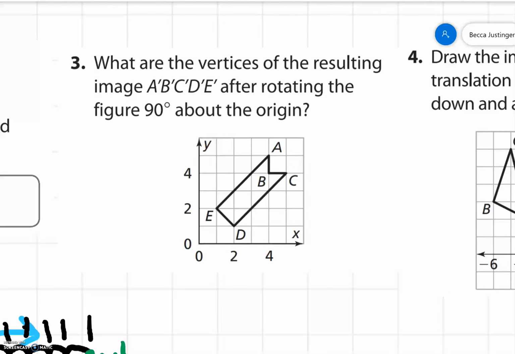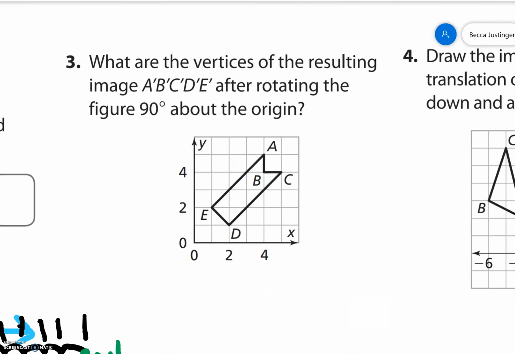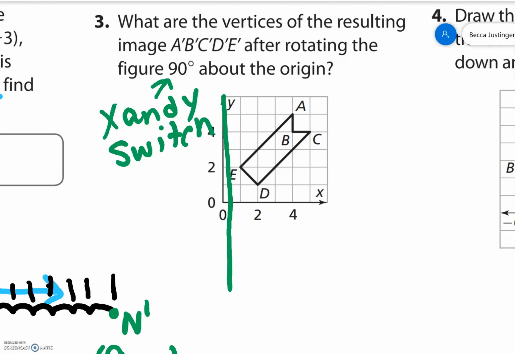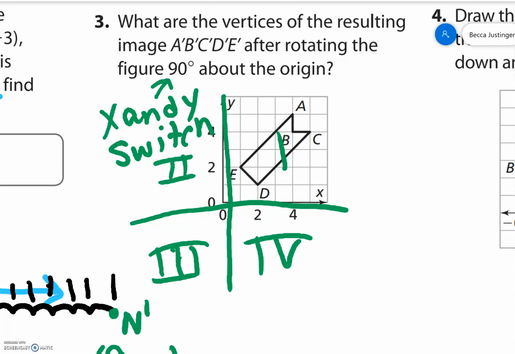Number 3. What are the vertices of the resulting image A prime, B prime, C prime, D prime, E prime after rotating the figure 90 degrees about the origin? Remember, 90 degrees, X and Y switch. And right now, it's in the first quadrant. And I know if we rotate it 90 degrees, it's going to be in the third quadrant.